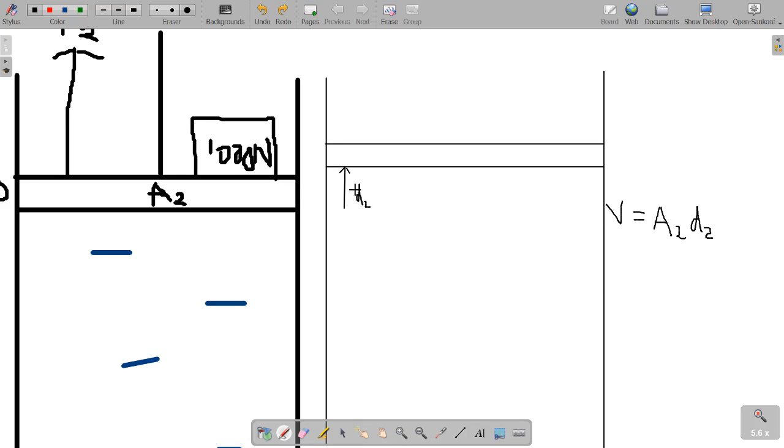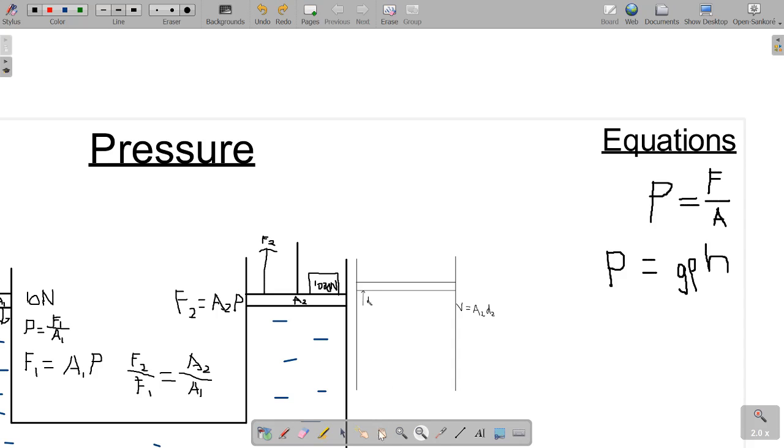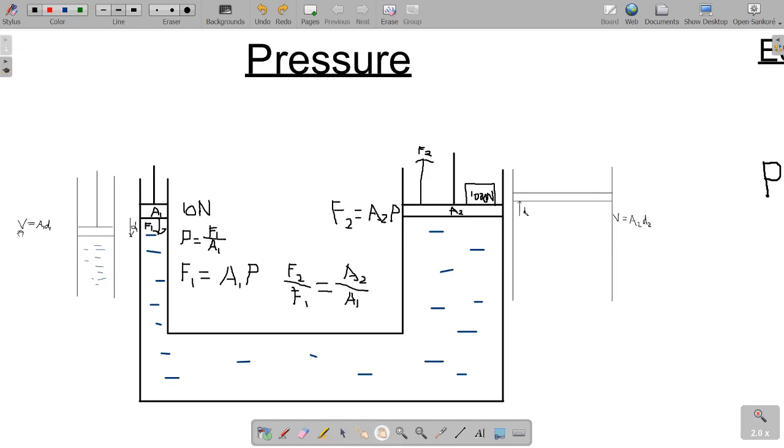Note that since the volume is the same and A2 is much bigger than A1, this means D2 is much smaller than D1.